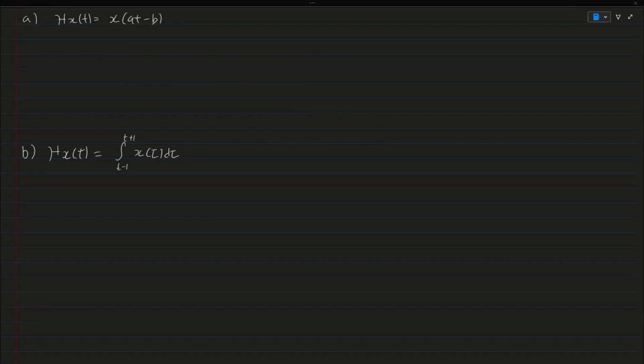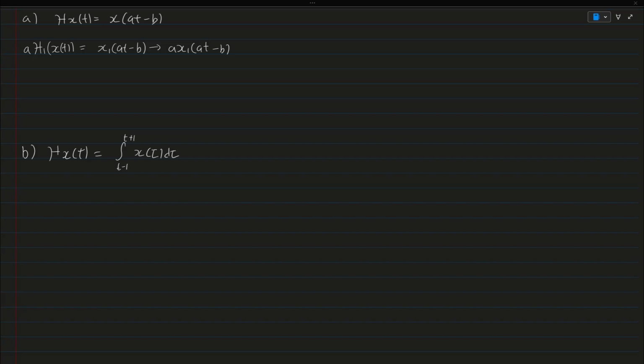Okay, so for part A, let's find h1 of x of t. First we pass x1 through and we get x1 of at minus b. Then we multiply by a, and we get a x1 of at minus b.